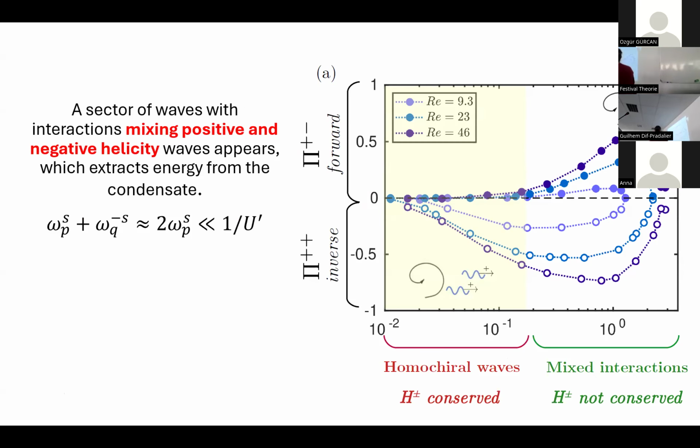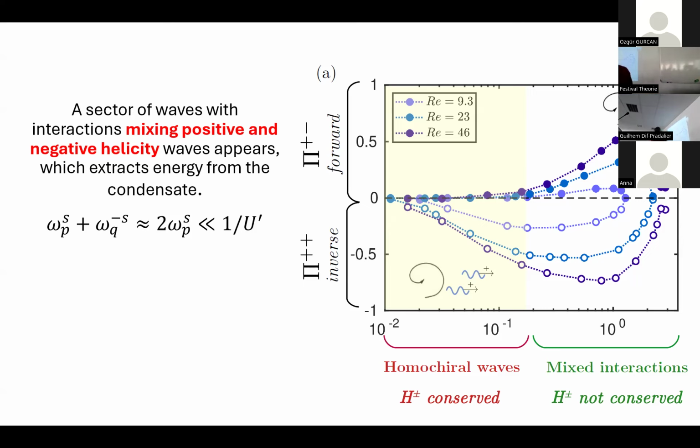So in particular, what you can see in this plot is that you can divide into sectors. Here it's a little bit different than what I'm going to do next, but you could look at the energy transfer. So basically the rate of stress that's coming from same helicity modes transfers energy to the condensate. And this part is negative, meaning it transfers energy to the condensate.